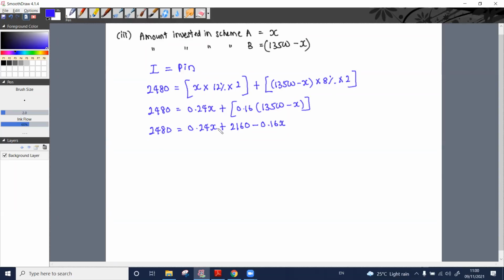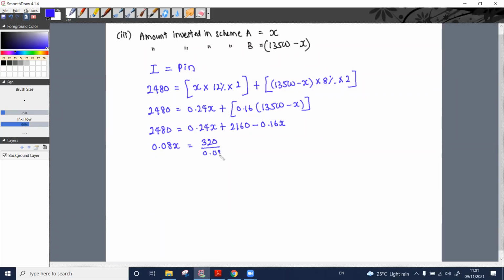So here it should be what? 0.24 minus 0.16 means 0.08. So 0.08X should be equal to, taking this one to the other side, 320.